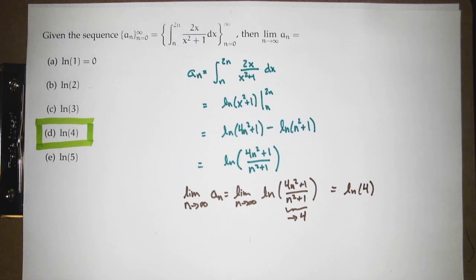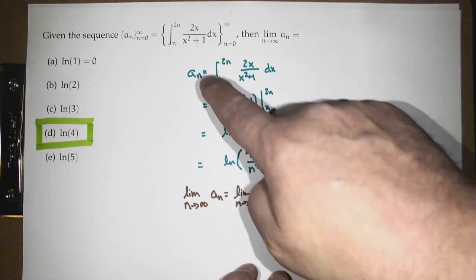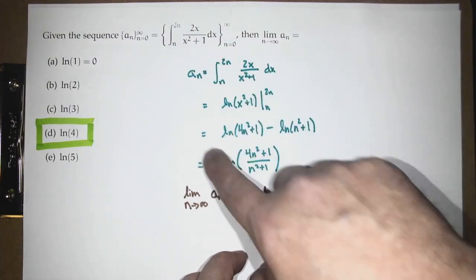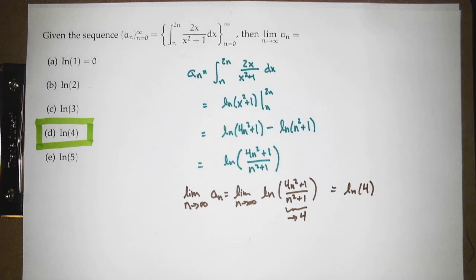That's log of x squared plus 1. We do our evaluation. We have a difference of logs, and so we divide. Now, I don't have any limits in this part because I'm not taking a limit. I'm just trying to understand what a sub n looks like. So I say, a sub n looks like this: log of the quantity 4n squared over n squared plus 1.